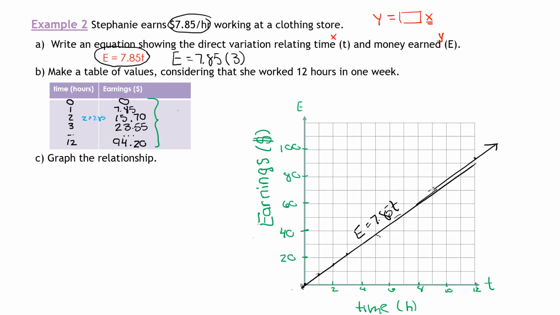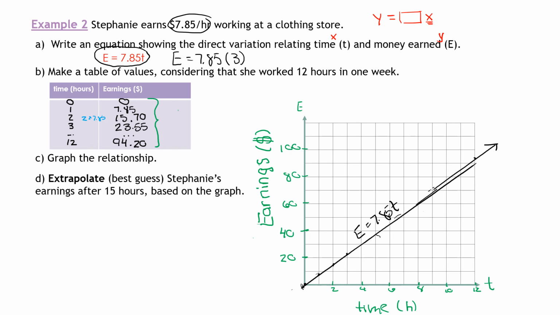So that's part C, graph the relationship. Part D says extrapolate. That means we're going to take our best guess because we're going outside of the graph. Remember, extrapolate, extra, outside of the graph. Stephanie's earnings after 15 hours based on the graph. So 15 hours would be over here. What do you think? We're just going to guess where we think it would be. I'm way off the graph, but that's what extrapolating is about.